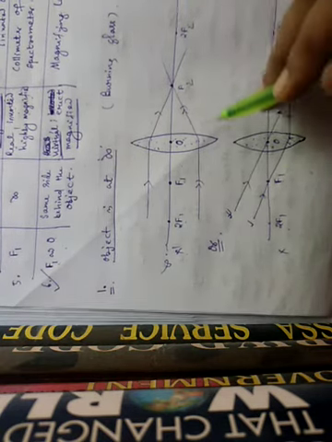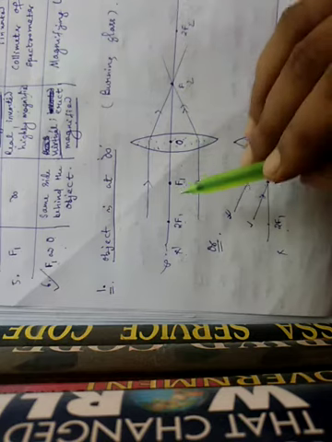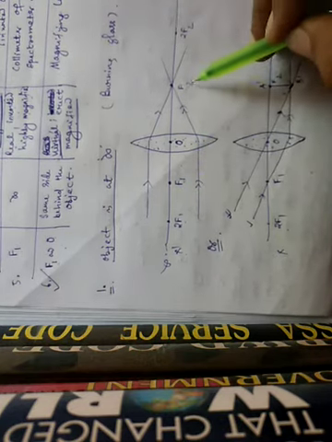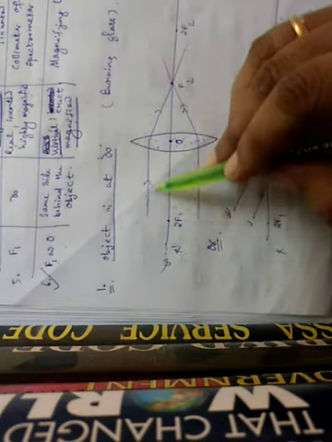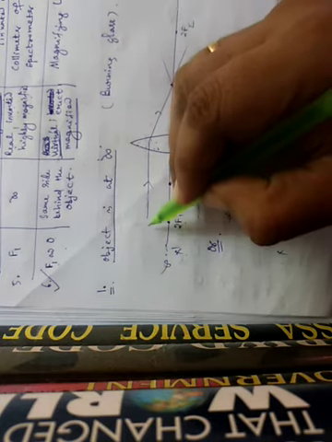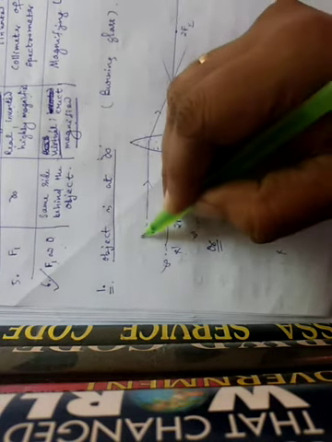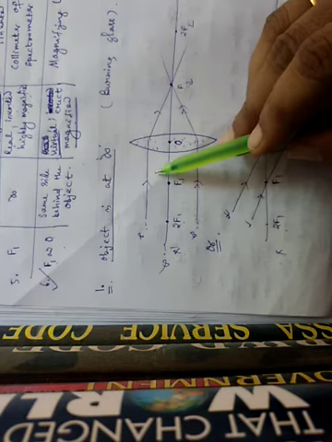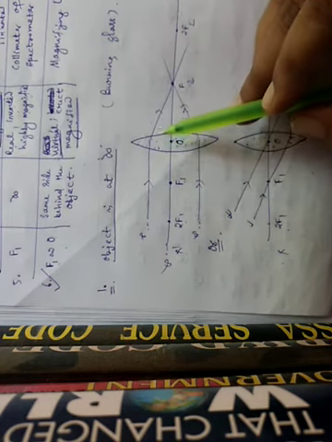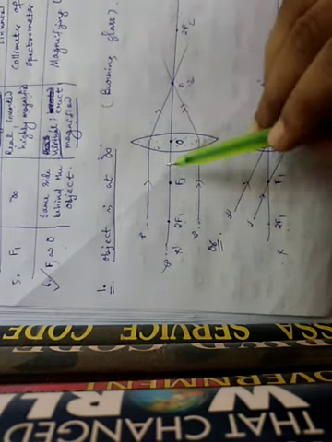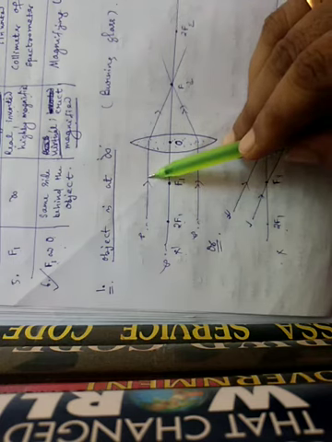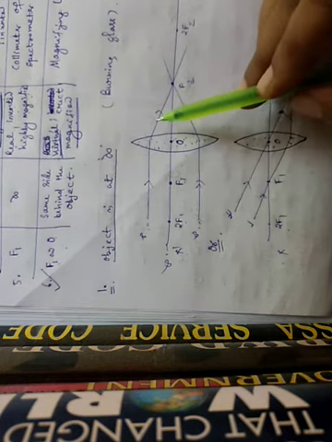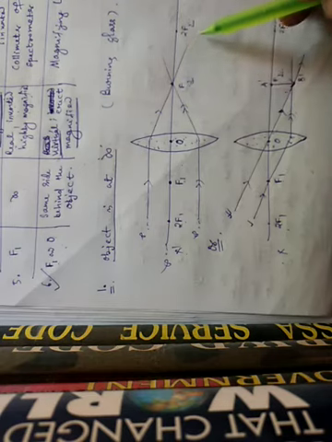Now this diagram is very simple. This is the usual diagram of the second focus of a convex lens. First draw the two incident rays coming from infinity. According to the principle of tracing the refracted ray, we already know that when the incident ray is parallel to the principal axis, then the refracted ray must pass through the second focus.